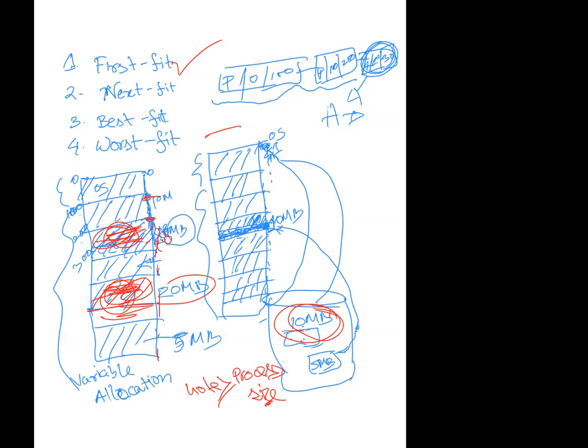Both are the same. The only difference is that when a new process comes, next fit doesn't start from the beginning; it starts searching from where the last process left off. Right, so these are two algorithms.